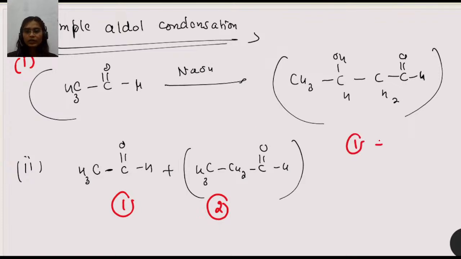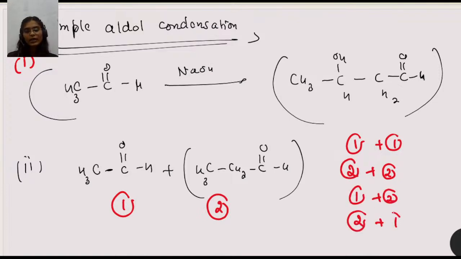Maybe one combined with two, or two combined with one, and so on. I hope this point is not very clear yet. Let me tell you the mechanism, then it should be clear. So simple aldol condensation is when you're using only one type of molecule, not more than one.